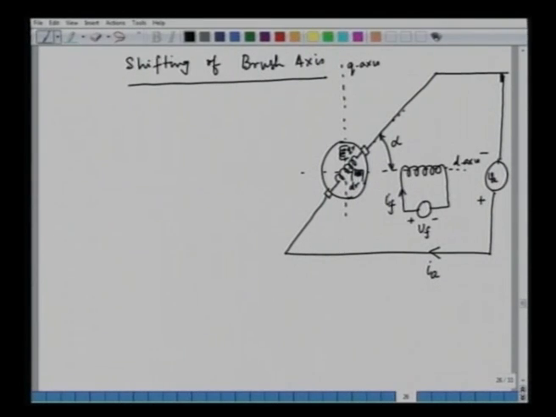So, if the original armature winding was in A, this winding will also have the number of turns equal to Na. The Q axis winding will also have the number of turns equal to Na.